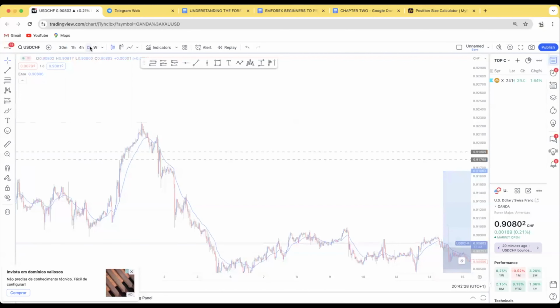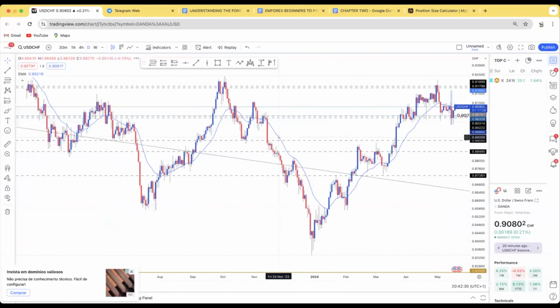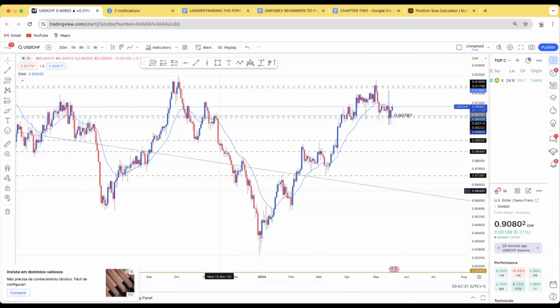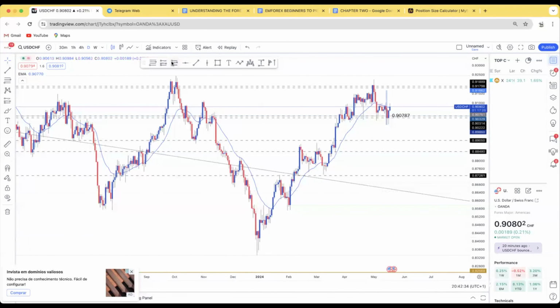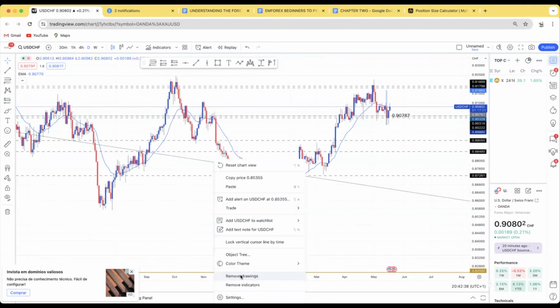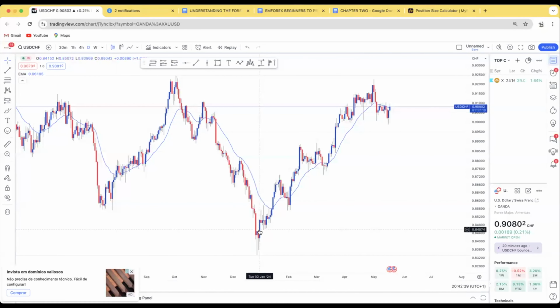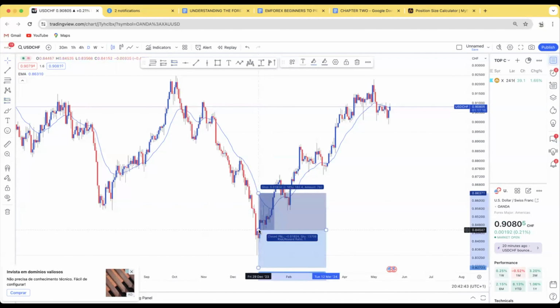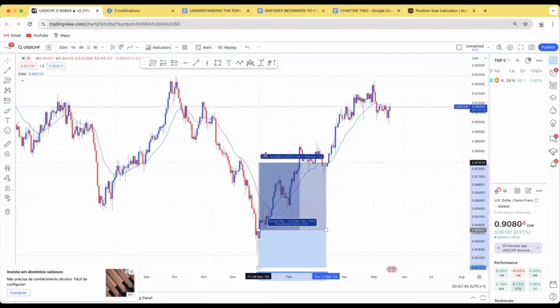Even if we look at the daily time frame, let's say you are trying to sell the market from this point here. Let me clear all this so that it's clear. Let's say you're trying to sell from this point here, and you don't have a stop loss.